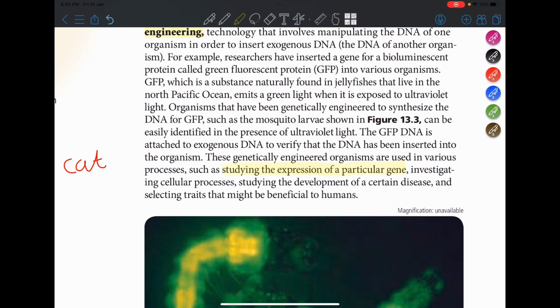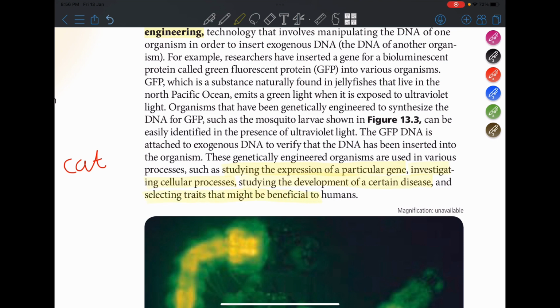The second thing is to investigate cellular processes. When I say cellular processes, I mean anything that's carried out at the cellular level, so anything that happens within the cell. The third thing is studying the development of a certain disease, so we can look at how a certain disease develops. The fourth thing is to select traits that might be beneficial to humans.